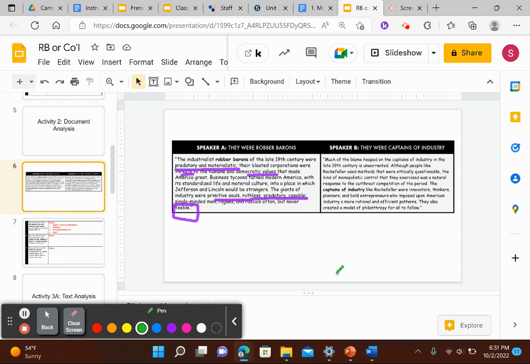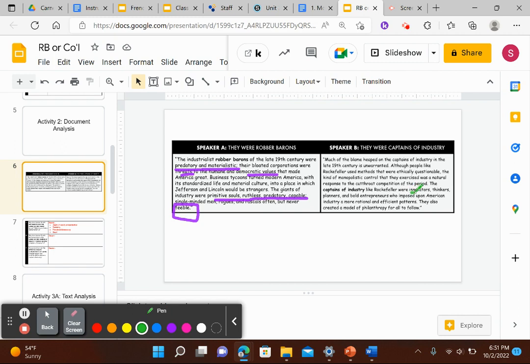The captains of industry, like Rockefeller, were innovators, thinkers, planners, and bold entrepreneurs who imposed American industry on more rational and efficient patterns. They also created a model of philanthropy for all to follow.